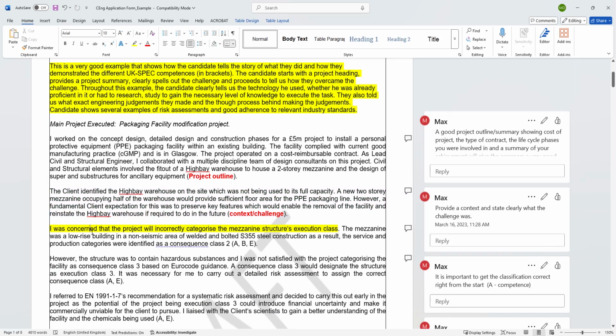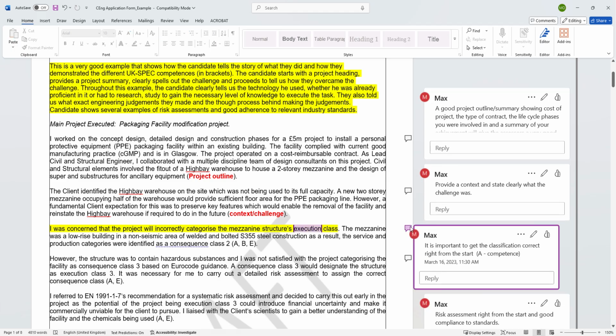And then there's a comment and a highlight here in yellow. It talks about a concern the candidate has. I was concerned that the project will incorrectly categorize the mezzanine structure's execution class. So this was early on in the project. Okay, so the comment we put there was that it is important to get the classification correct right from the start, because based on the classification, the project would take the necessary steps.